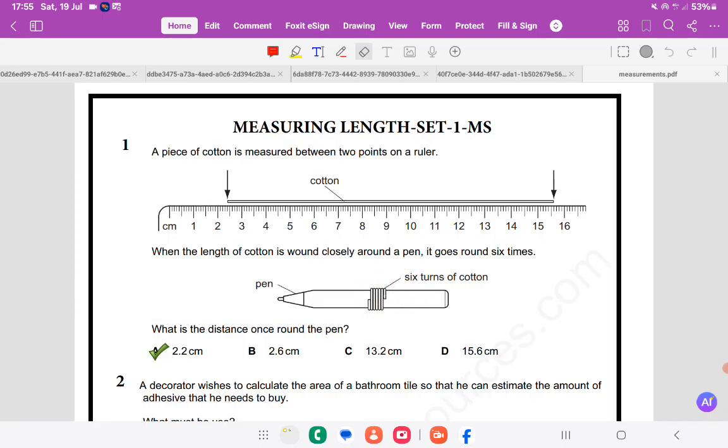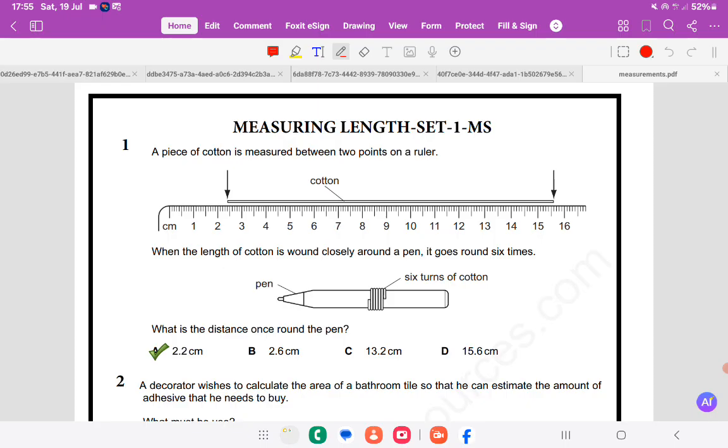Okay, so we are asked to say the distance once around the pen. In other words, when the thread goes around the pen once, how much distance does the thread cover? So what you need to do here is just to find the length of this cotton thread.